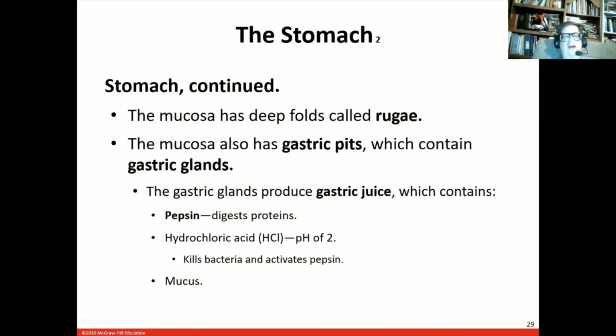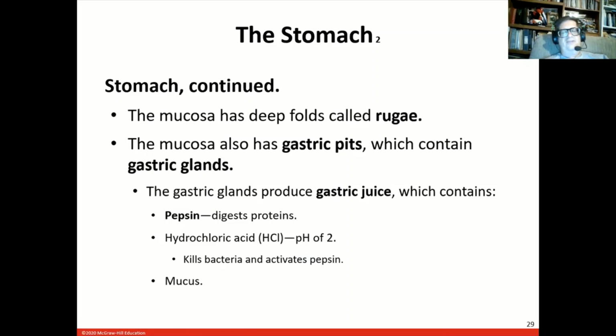A couple slides back, the hydrochloric acid kills bacteria and activates pepsin. It kills most bacteria. There is a bacteria called H. pylori, and they live just fine in the stomach, and in fact they can burrow through the wall.